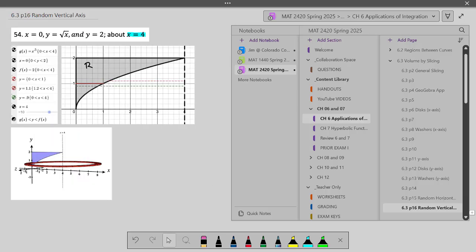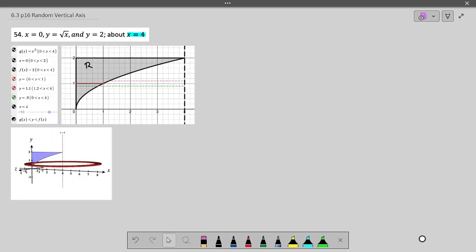Whereas with this example, the region is not adjacent to the axis of rotation, right? There's this gap here. So that means our cross sections will be washers. There is one cross section that will be a disk, namely this very top one. But in general, we're dealing with washers. We just have one disk there.